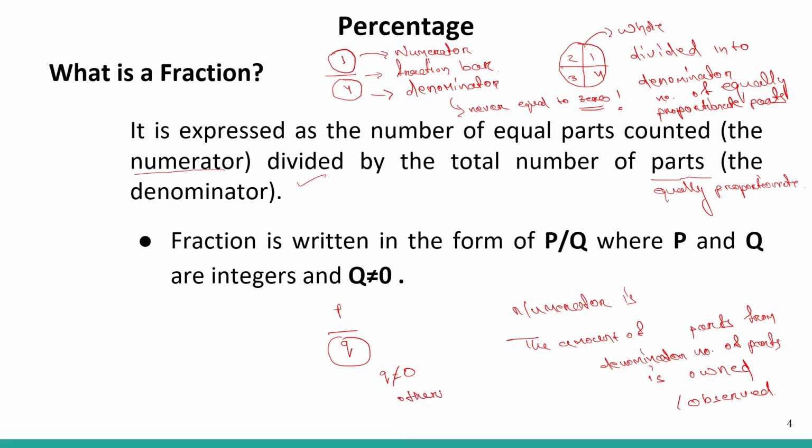Otherwise, P by Q is undefined or meaningless, as we say. So always remember Q must not be equal to 0, and you need to put this condition wherever you see a fraction. If Q is not written there explicitly, then you need to write down the condition that Q can't be equal to 0.